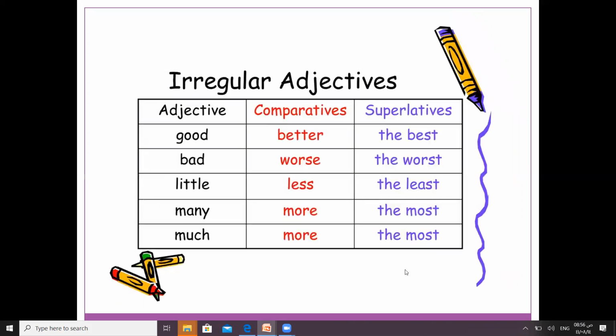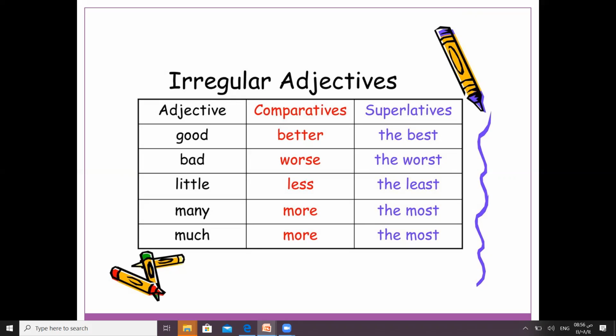Now, again, to remind you, before we make a quick revision, the last thing that you have to be careful about. Some adjectives, girls, when we want to make them comparative and superlative, we don't add ER or EST. We change the whole word, like in irregular nouns, when we change, for example, person to people.